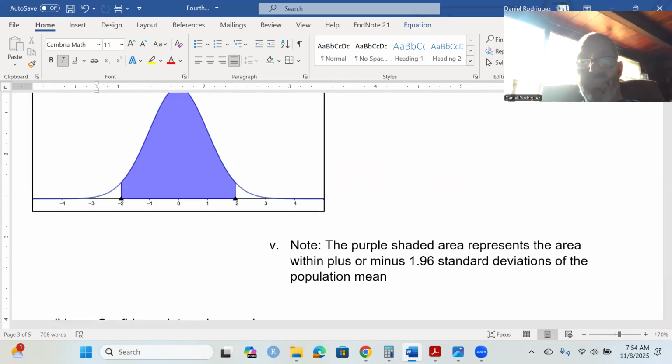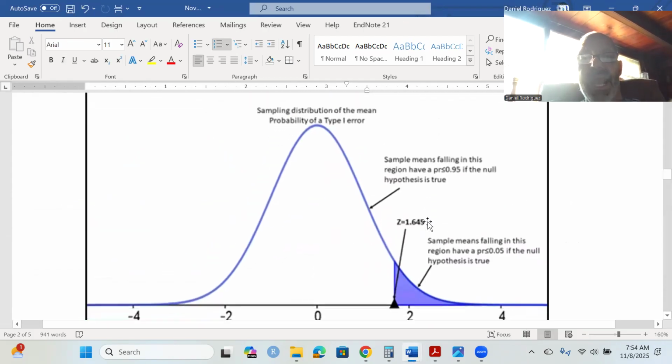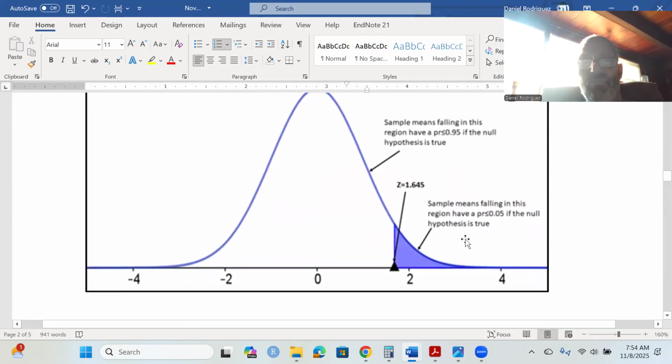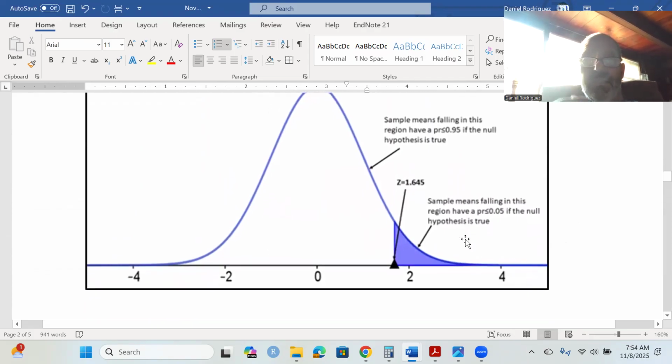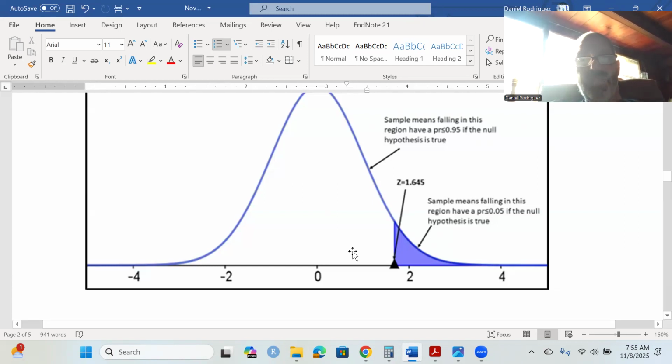Here, though, in this picture, we're only looking at half of the distribution. Why? Because when I set my alternative hypothesis, I was looking at whether or not my sample mean was greater than the population mean. I didn't ask if it was less than the population mean.